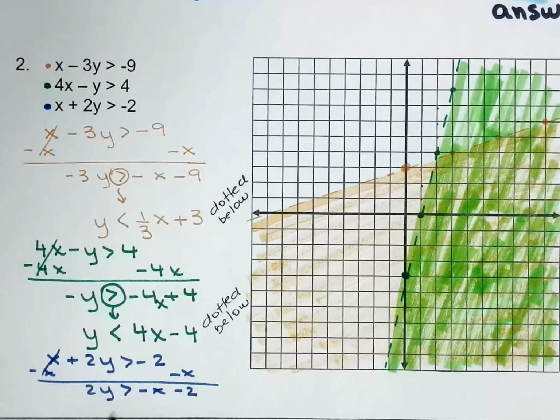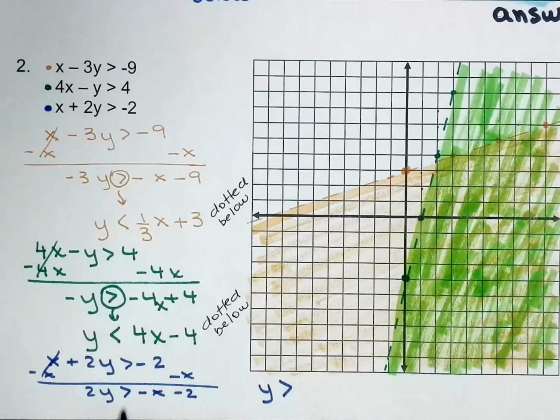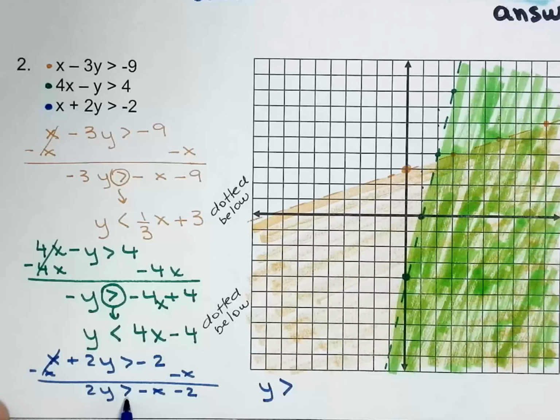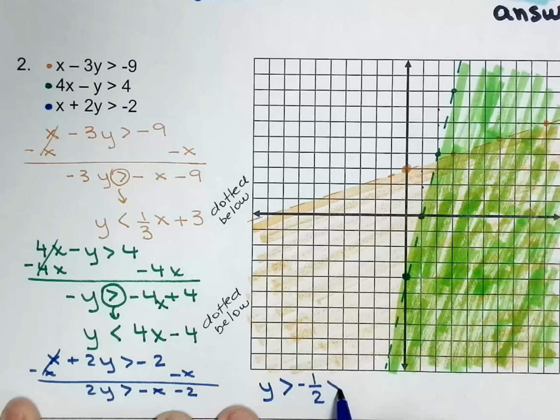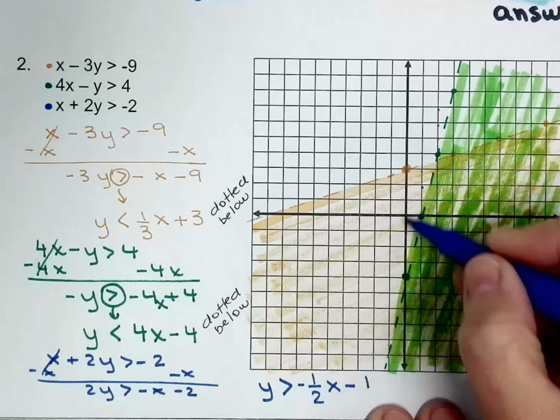Then you divide everybody by 2, you get y is greater than, notice that I'm not switching the inequality sign because this 2 is positive, okay? So negative 1/2x minus 1 because negative 2 divided by 2 is negative 1. And that's the line I'm going to graph.